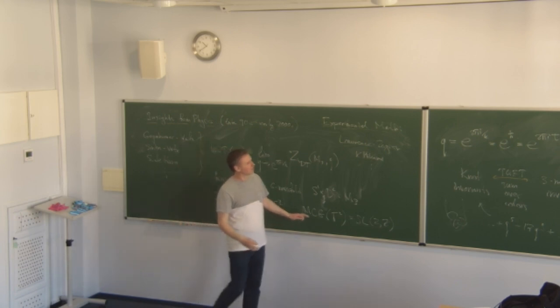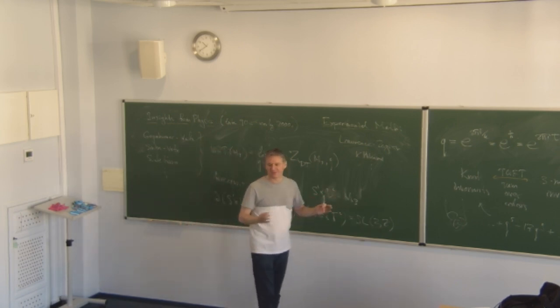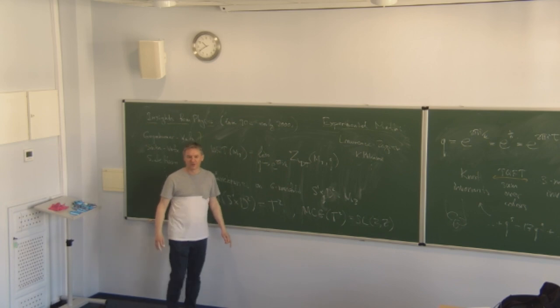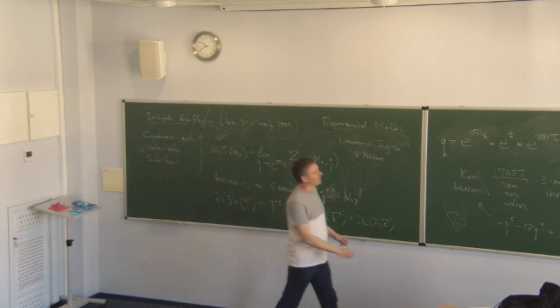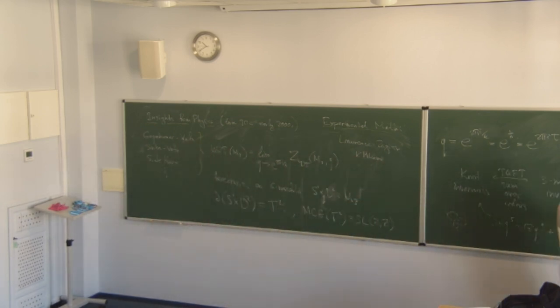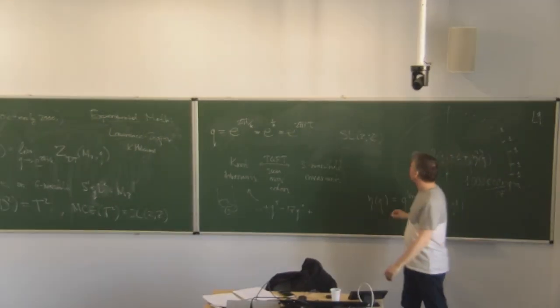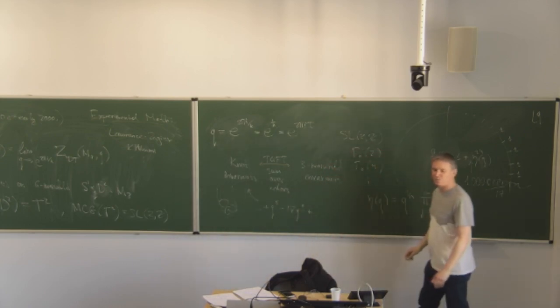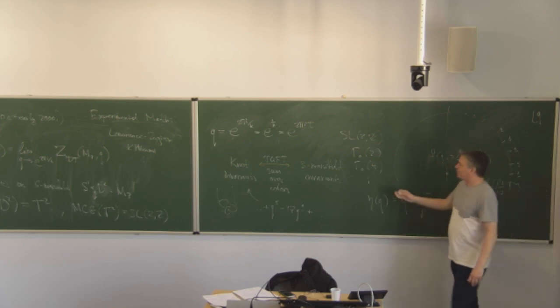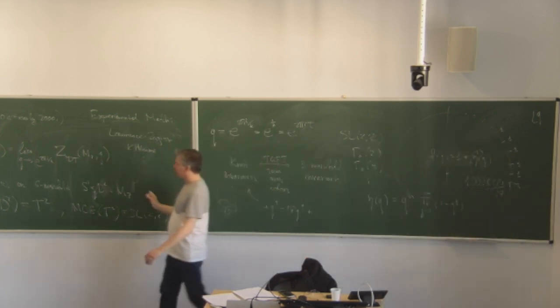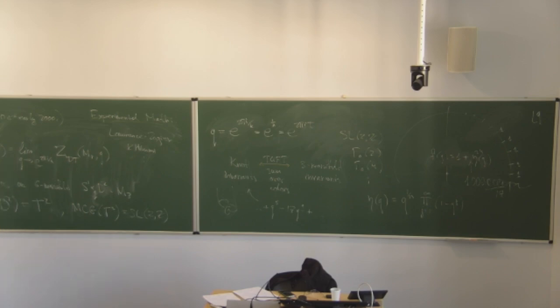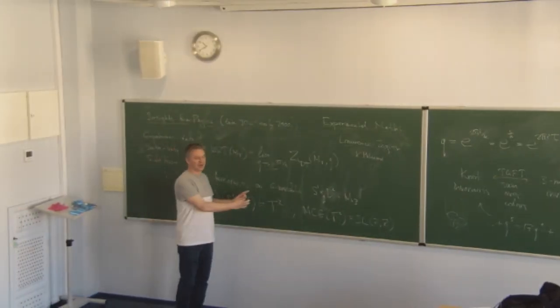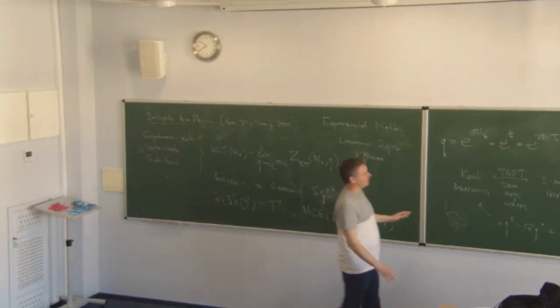For instance, sometimes as the story evolves, and I'll show you examples later this week, the correct group of symmetries is not SL2Z, but some congruence subgroup. For example, gamma 0 of 2, gamma 0 of 4, and occasionally you see more exotic choices. So from this point of view, in a perspective where the origin of SL2Z is manifest, you can immediately ask yourself, what is the right choice?